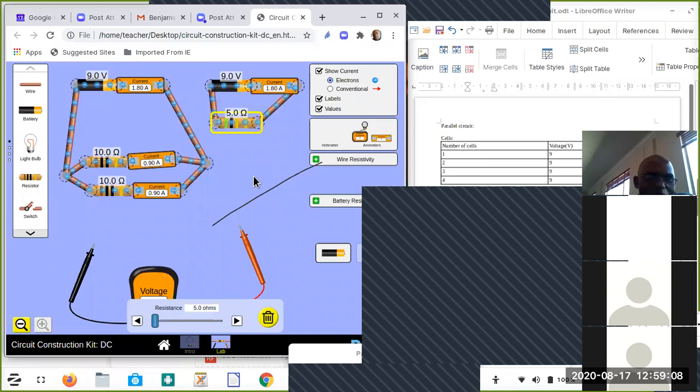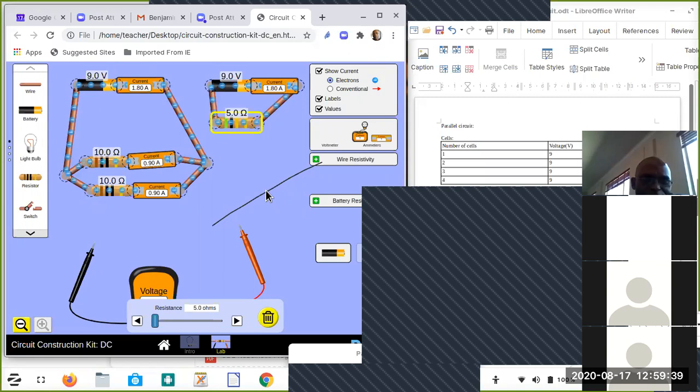The resistance is now 5. So it means that if we put two resistors parallel to each other, the total resistance is going to be reduced. You see that, right? So when we connect two resistors parallel to each other, resistance is going to be reduced, thereby allowing more current to flow through the circuit.